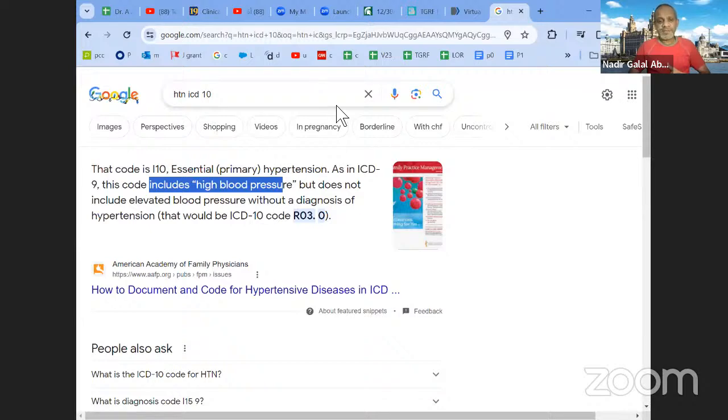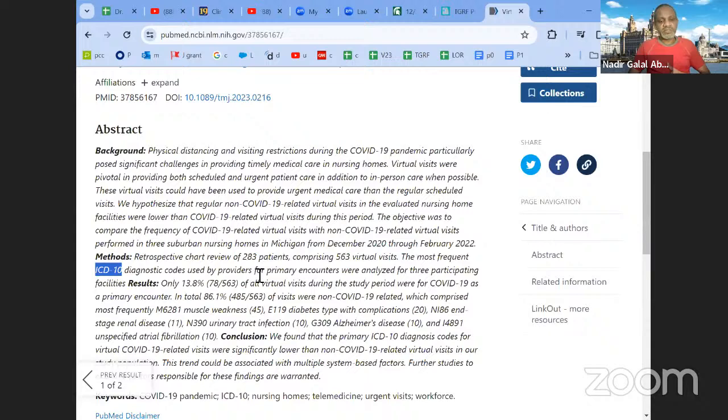So for this paper, they used the ICD-10 diagnostic code for each visit. And what they found, here's the results. So most of the patients were seen for non-COVID related conditions during this time.